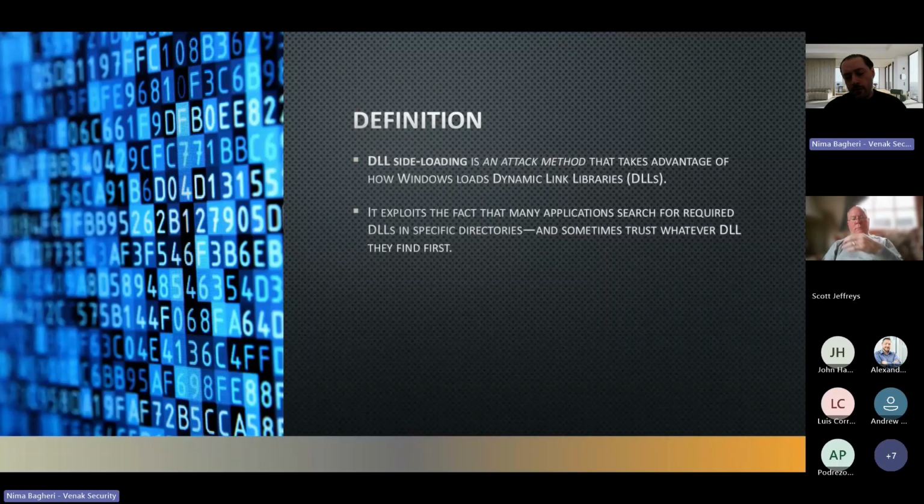This is a kind of issue with Windows, but if you're a vendor developing your software, you need to be aware of what you are loading in your system, what DLL you are loading, and what functions you are using.